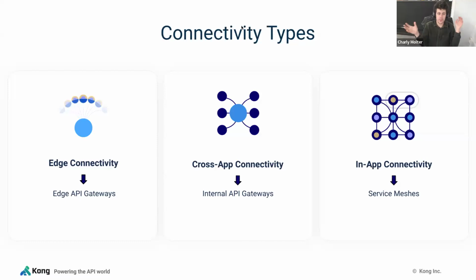There are three types of connectivity, really. There's edge connectivity, that means the public traffic coming inside your organization, right? There's cross-app traffic, as in if you define an app as a set of services that work together, you probably have a common set of APIs at the top that is the entry point to this, right?